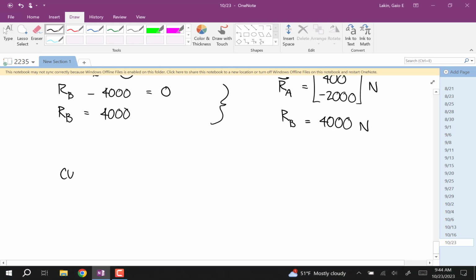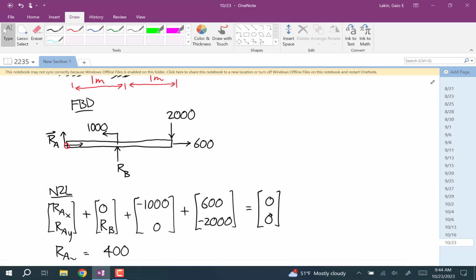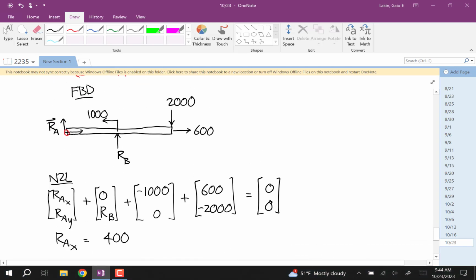So cut 1. This is going to be for x values between 0 and 1 meter. I'm going to stop drawing the light blue stuff that we skipped now. So what do we have there? Well, we have that RA force because we're always going all the way from the left to our x value.